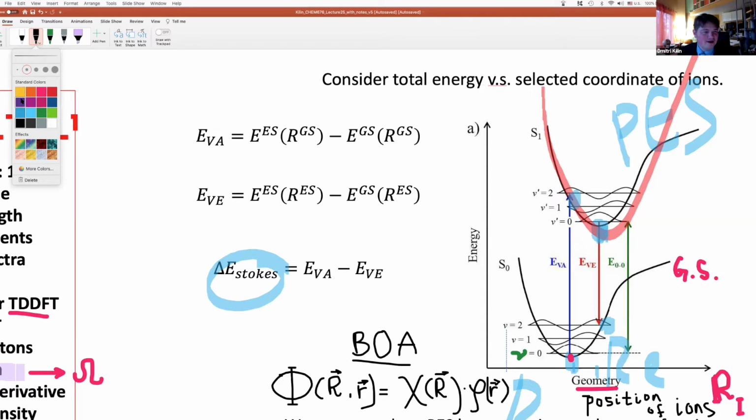Now, we were minimizing energy with respect to position of ions. So basically, we're exploring this curve and going from higher energy to lower energy, right? Yes.